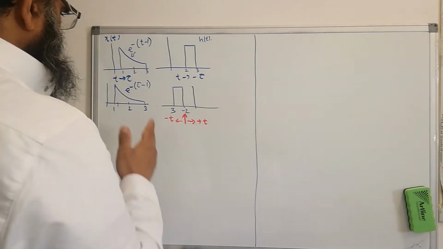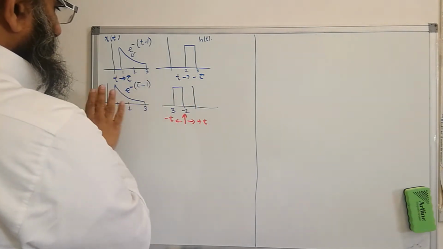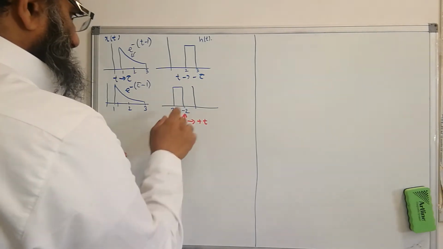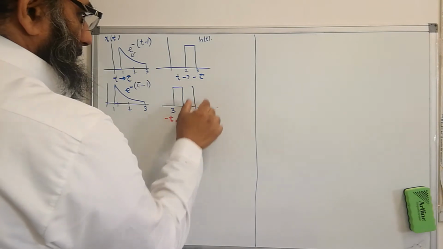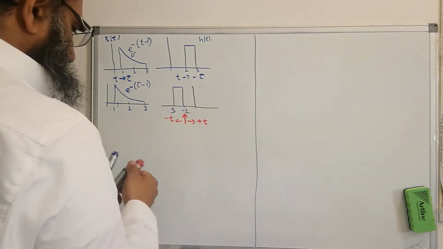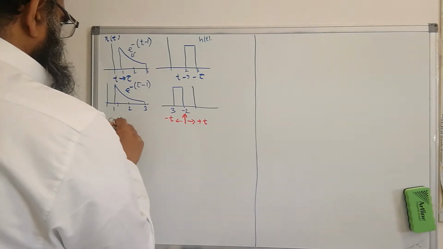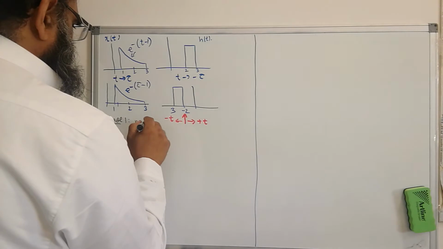Now the case 1, we don't need to shift it more this way because we are already outside. But we need to shift it further this way in order to have the last point of no overlap.